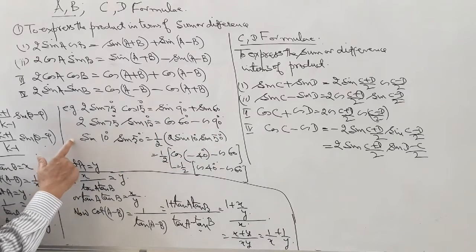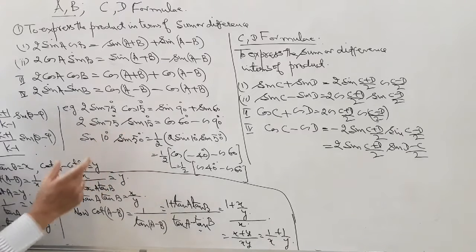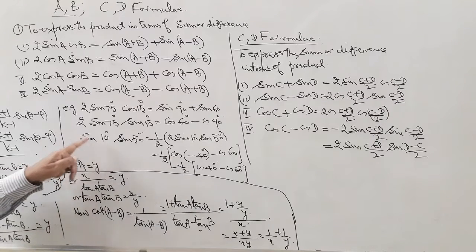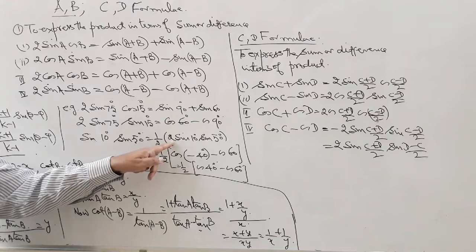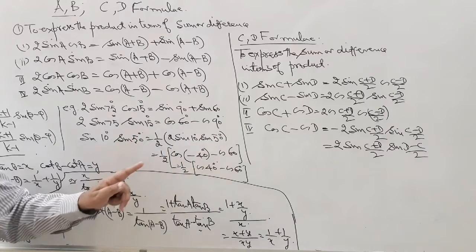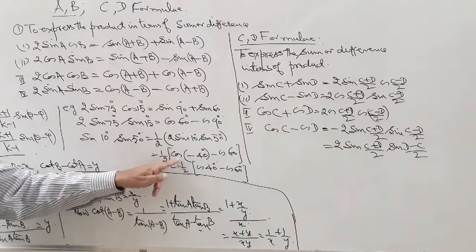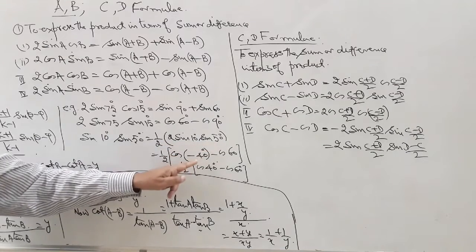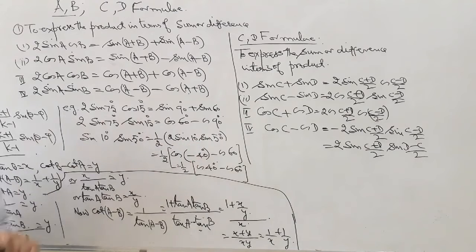In the third we have sin 10 degrees, sin 50 degrees. Here the problem is that we do not have 2 here. So I say multiply and divide with 2 here. It is half 2 sin 10 sin 50. Apply here once again. Half cos minus 40, because 10 minus 50 is minus 40, minus cos 60, 10 plus 50.